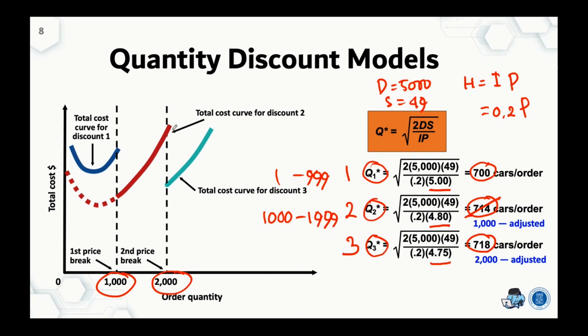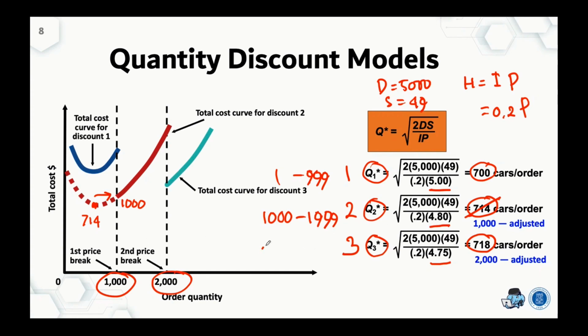The optimum for the second price is here actually, but if we purchase here, we will not get the discount. So we need to adjust. This 714 is around here, so we need to adjust to the closest quantity where we can get the discount, which is 1000. So we adjust to 1000.